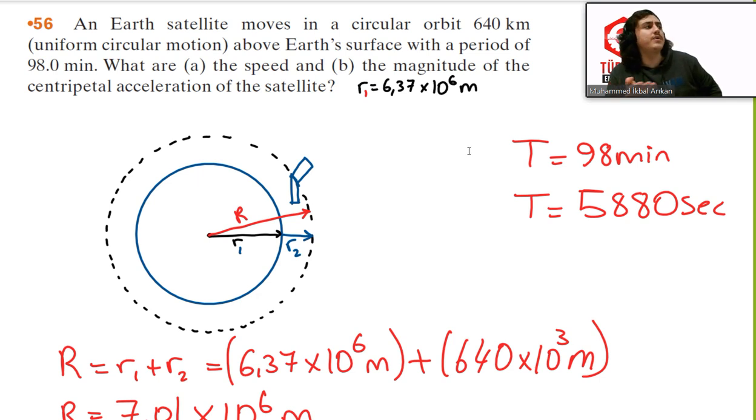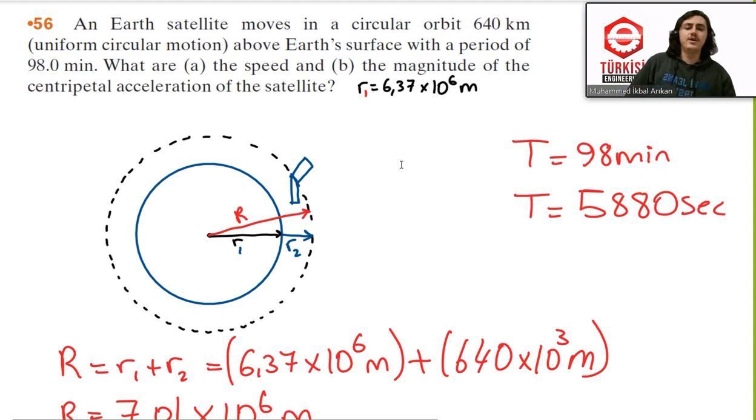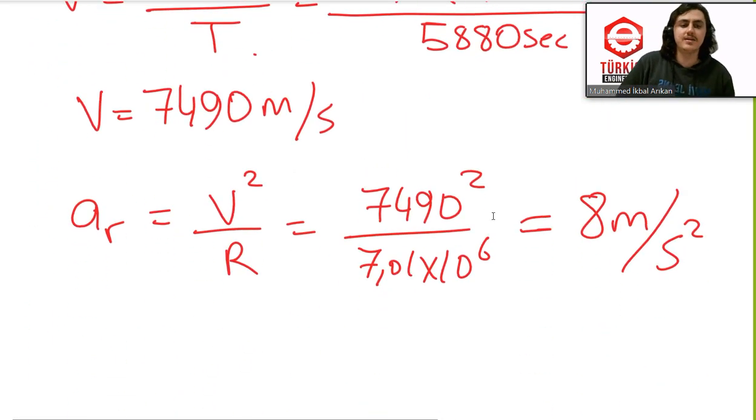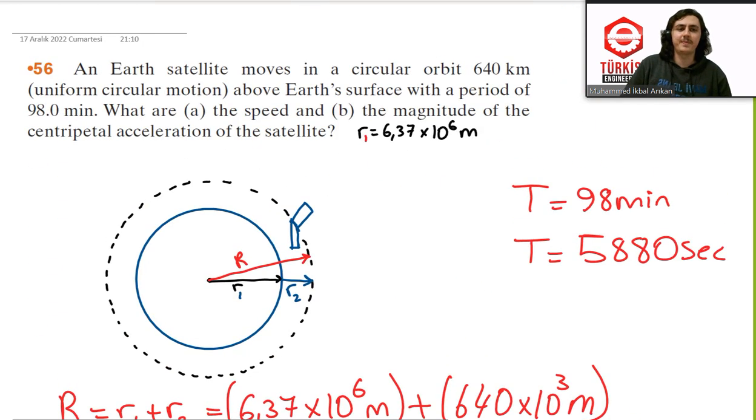If I'm working with just 100 meters, 200 meters or 1 kilometer, the gravitational acceleration will be constant. But when I'm going up to huge altitudes, you cannot use constant acceleration, because it will change. So this is the end of this problem.